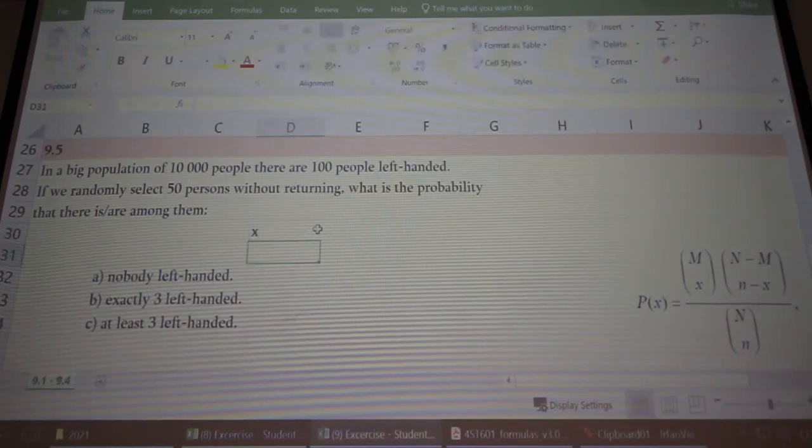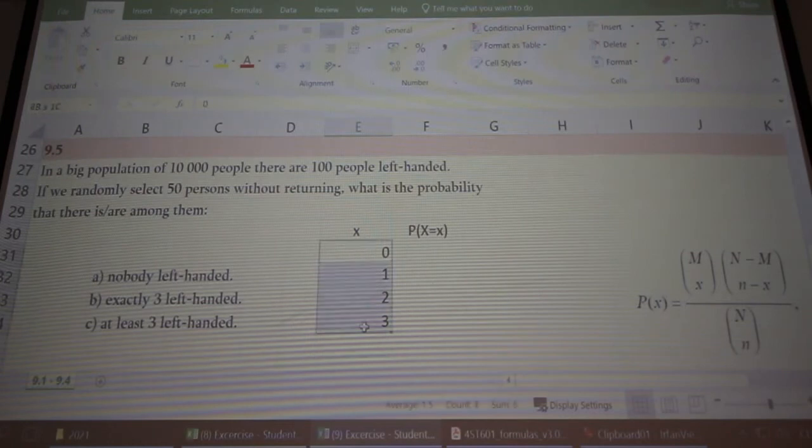And we know that we must calculate the probability that random variable x will be equal to small x. And for our purposes, we need x equal to 0, 1, 2, 3.